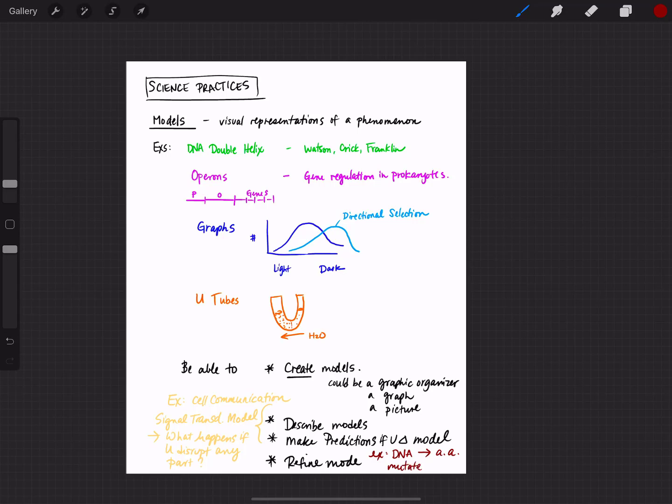Oftentimes, they can ask you to refine that model after a mutation. So if a DNA mutation occurs, how would that change the amino acid or refine the amino acid sequence? So these are some examples of some of the models you might be asked to use.